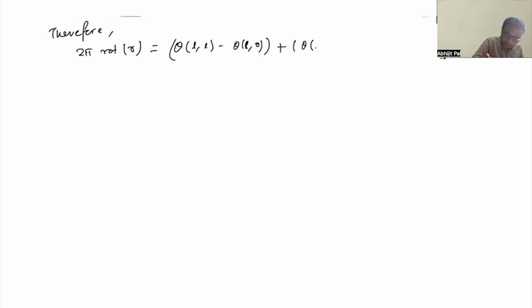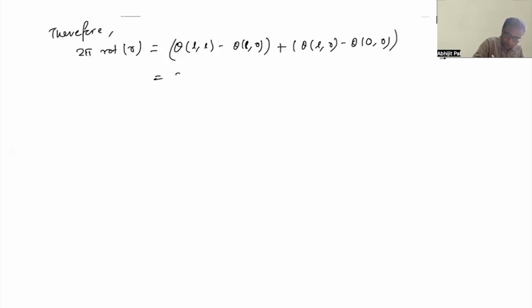Therefore, 2 pi times the rotation index of gamma is equal to theta L comma L minus theta L comma 0 plus theta L comma 0 minus theta 0 comma 0.